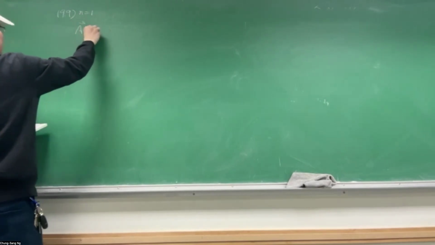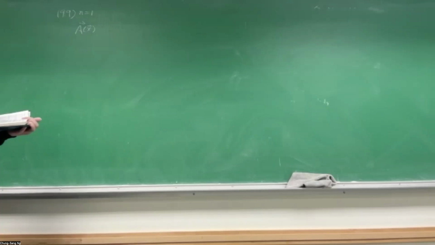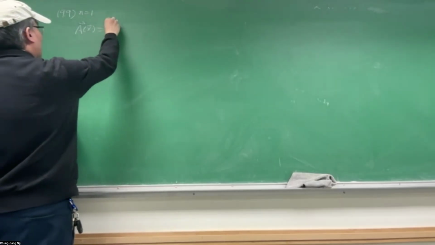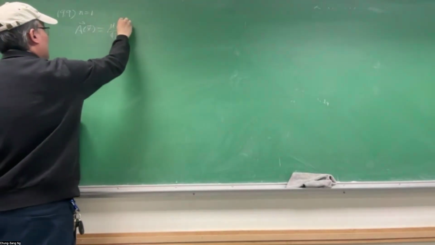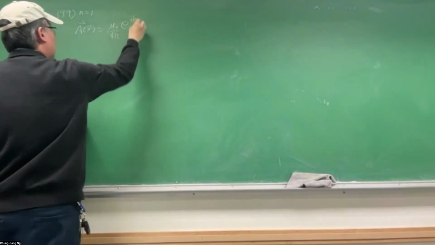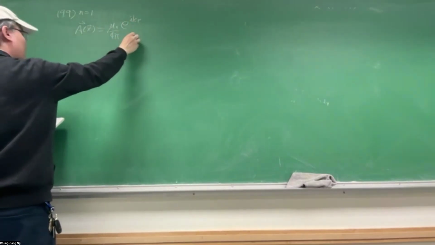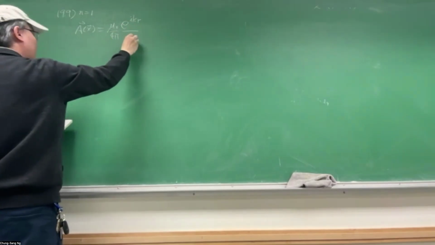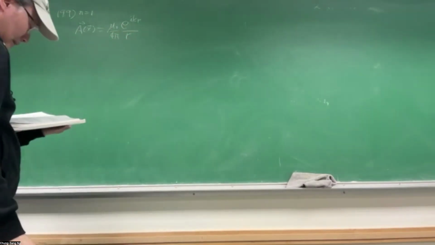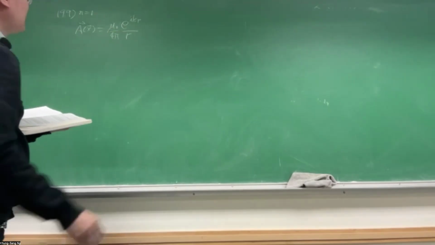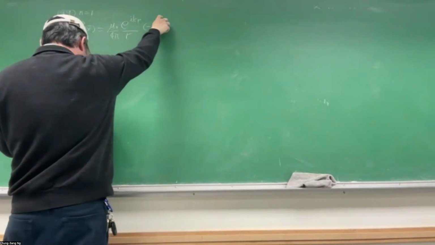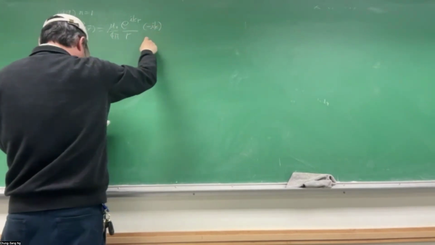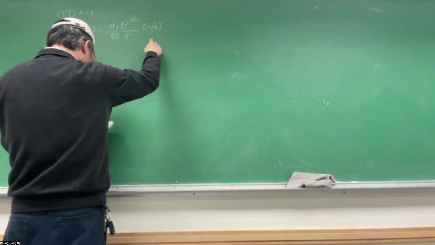So just follow this. For the magnetic potential, we have the usual coefficient mu over 4 pi, the e to the i k r, the propagating phase, over R. Now n equals 1. You have a minus i k to the n power, so it's 1 divided by 1 factorial, which is 1.